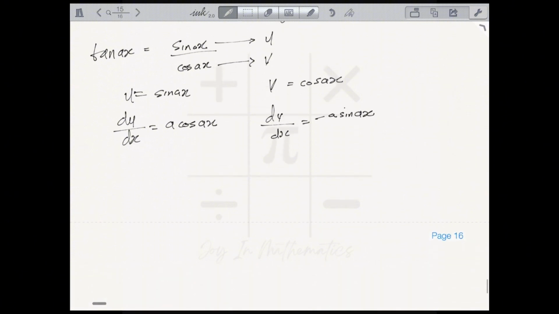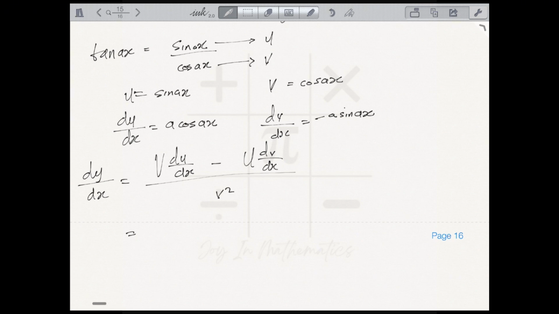Now we apply the formula of dy dx, which is equal to v du dx minus u dv dx divided by v squared.